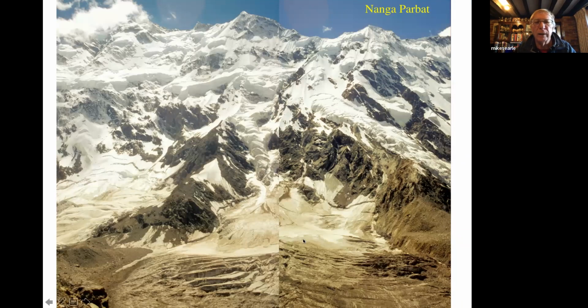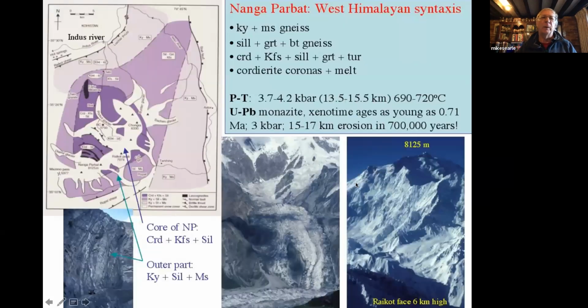I went up to Nanga Parbat several times. I was on my own collecting samples, and the highest I got to were these outcrops here, at about 6,500 meters. But they come from the core region of Nanga Parbat here. The most amazing thing about these rocks is that they have uranium-lead monazite ages.